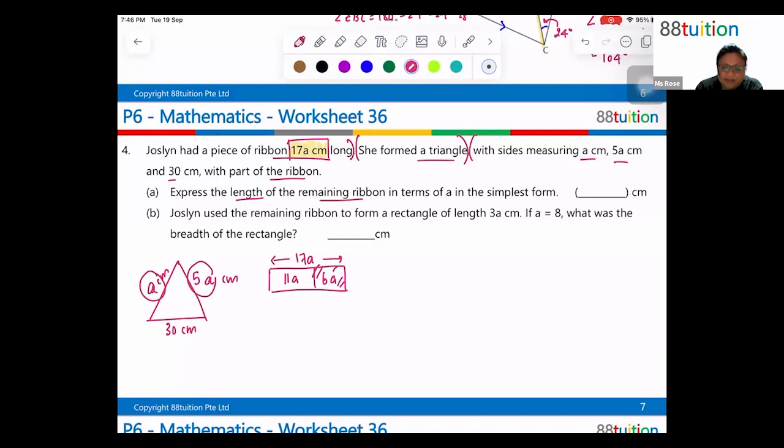But from this 11A, I still need to remove another 30 cm. So the remaining length will be 11A minus 30.